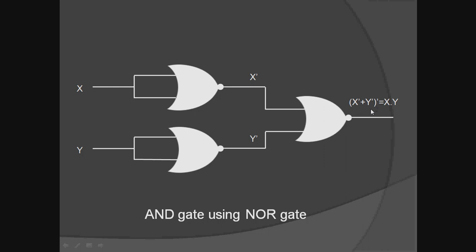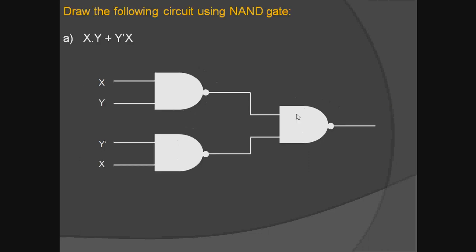Using that, in your solve exercise also there are lots of problems that you can perform. Draw the following circuits using NAND gate. So you have this x dot y plus x complement y complement x. Based on that you draw this diagram like that. And then you have to write the solution in this format. So that is x dot y, and then here y complement x.